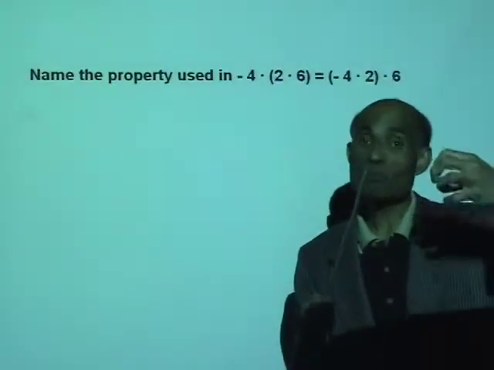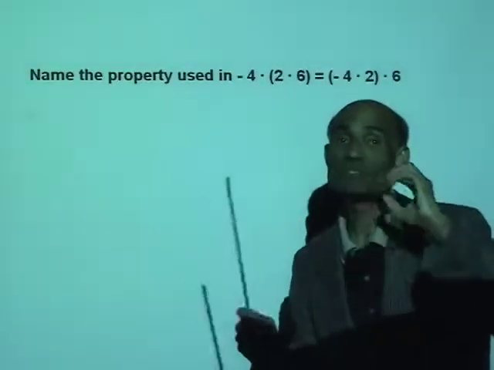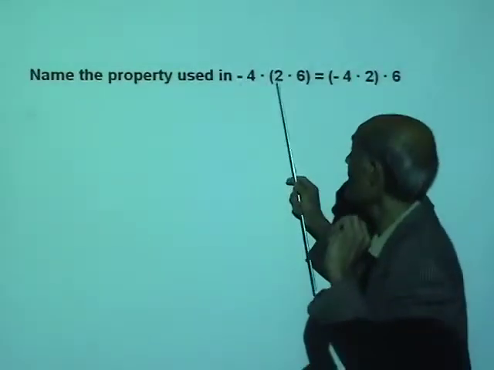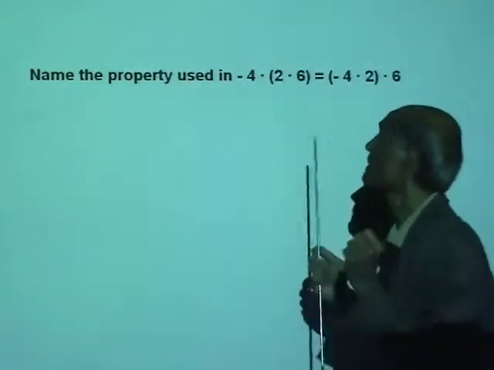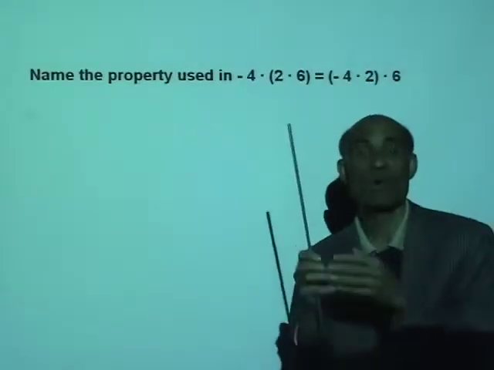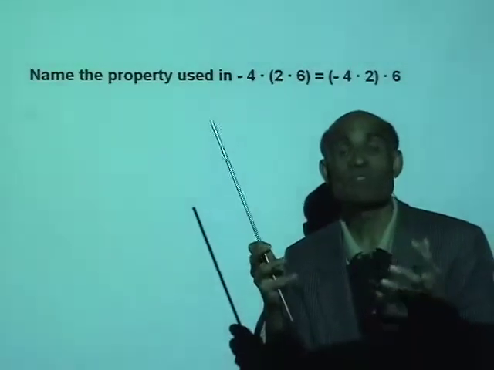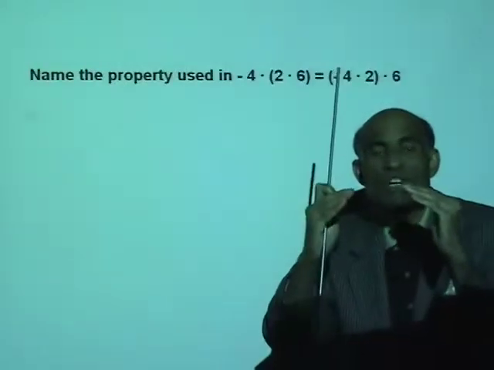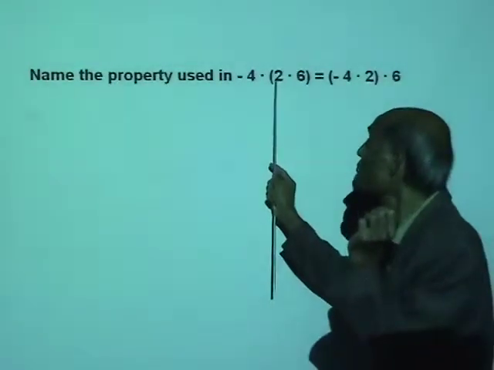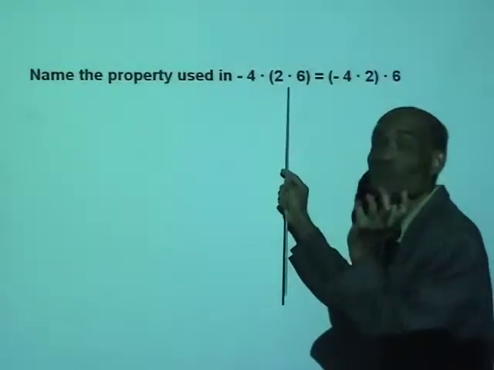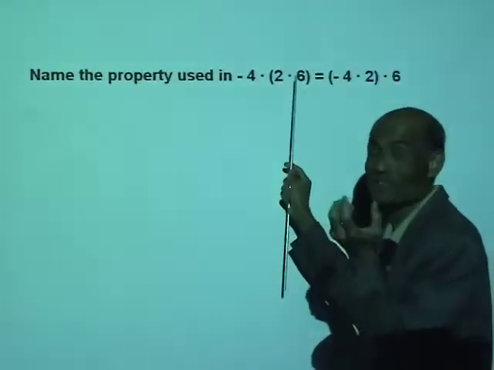Obviously, we have multiplied 3 numbers. You see, on the left we have 3 numbers multiplied. On the right we have 3 numbers multiplied. What is the difference? The difference is the association or the groupings have changed. On the left we group 2 and 6, multiply that together.